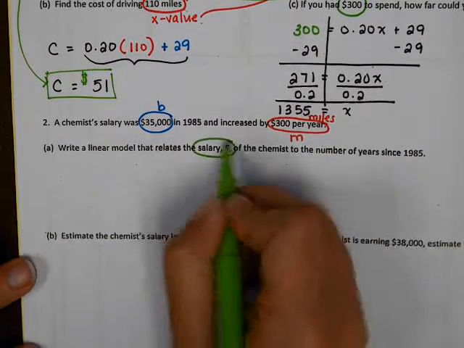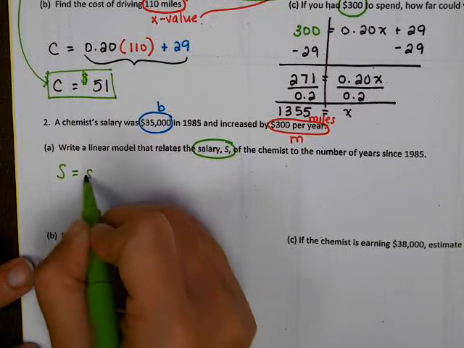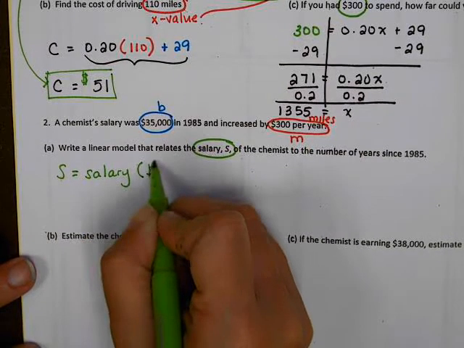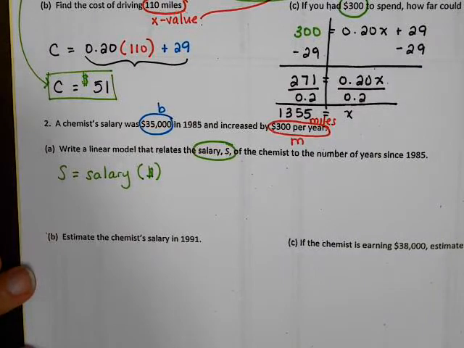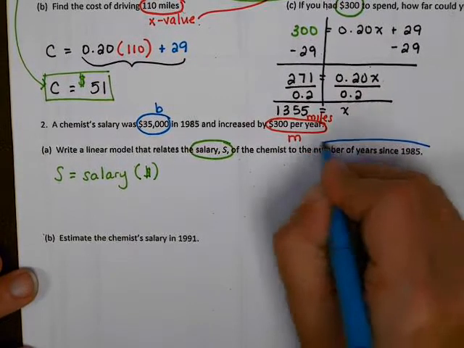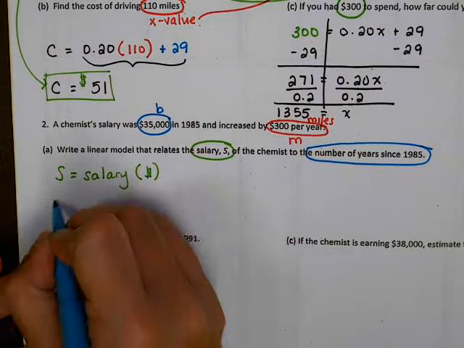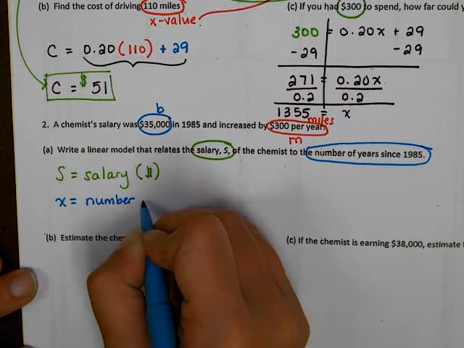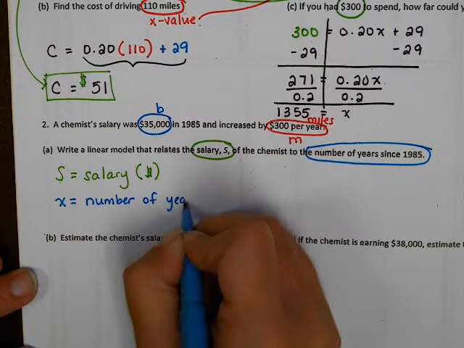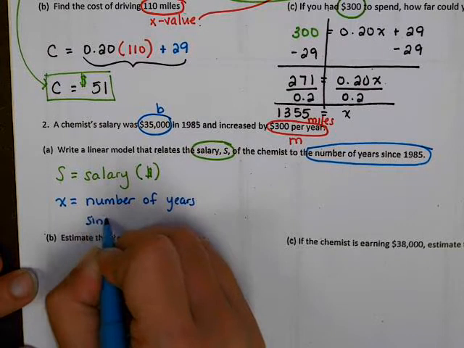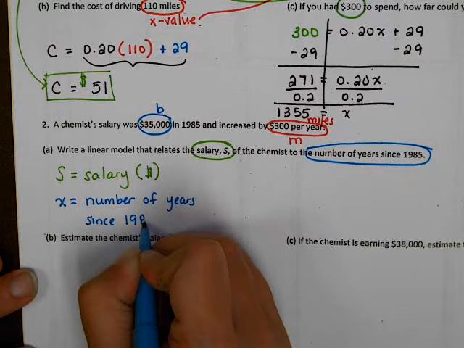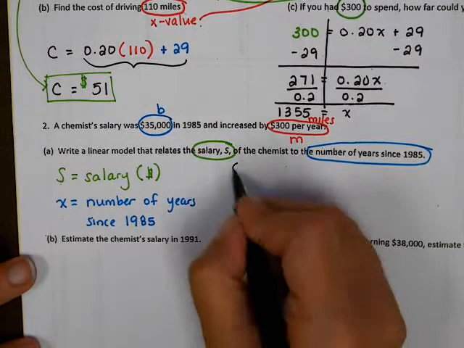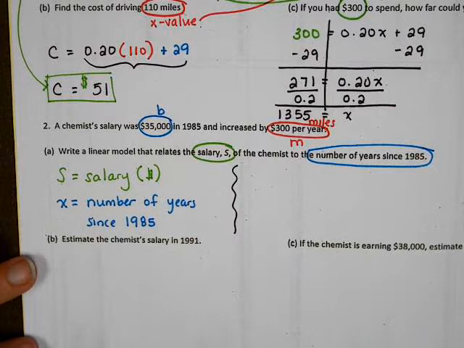The salary is S. Salary means how much money you make, so that's going to be measured in dollars. And X is going to be the number of years since 1985. So it's not the same thing as saying what year is it now, it's saying how long has it been since 1985.